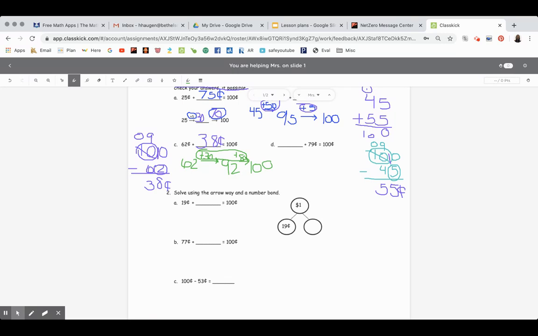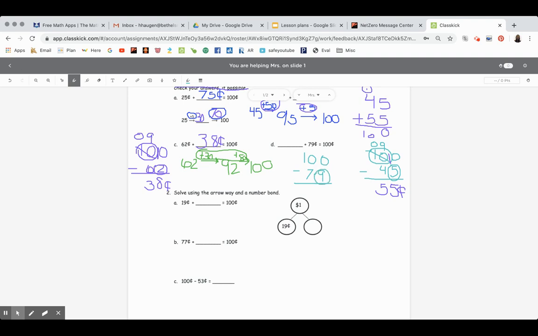So for D, I have some number plus 79 equals 100. Now for this one, I am also missing a part, so I can choose to subtract 100 minus 79. Again, when I look at the ones place, I see I have more on the floor, so I need to go next door and get 10 more.